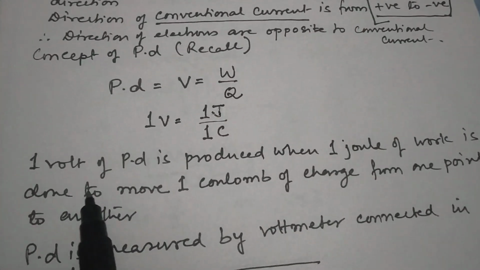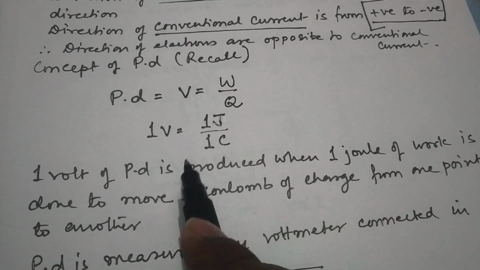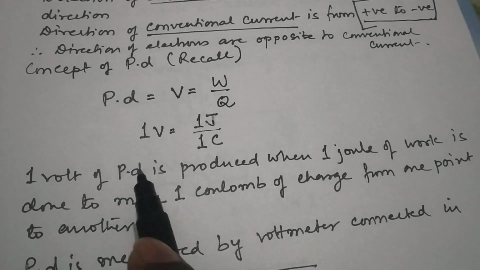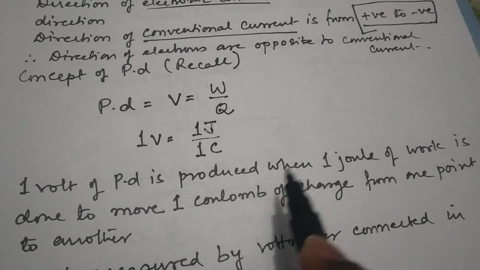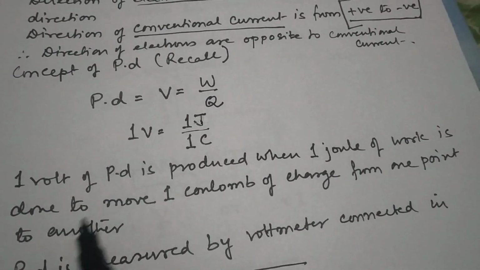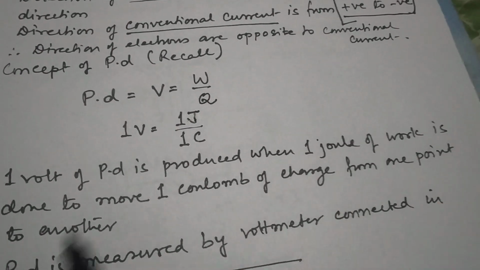So 1 volt of PD is a ratio of 1 joule upon 1 coulomb, but this should not be defined in this way. It should be defined in this way: 1 volt of PD, potential difference, is produced when 1 joule of work is done to move 1 coulomb of charge from one point to another.